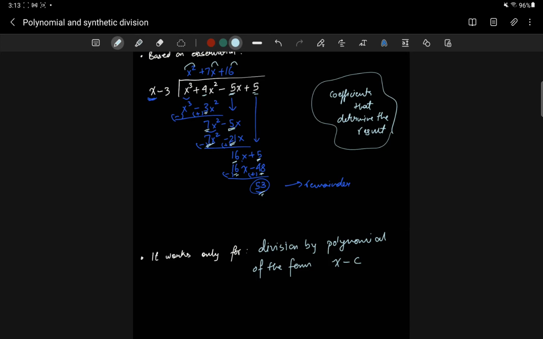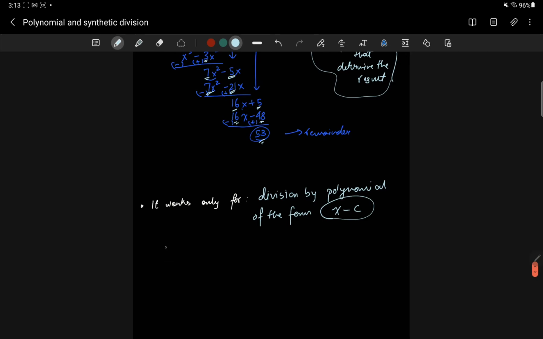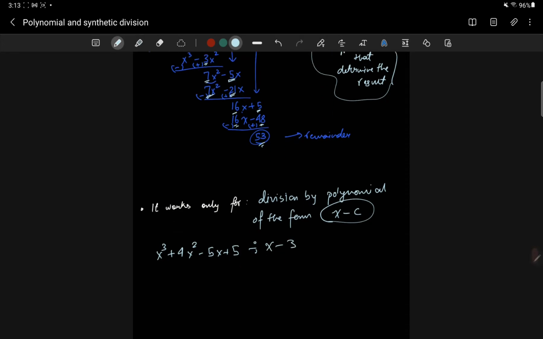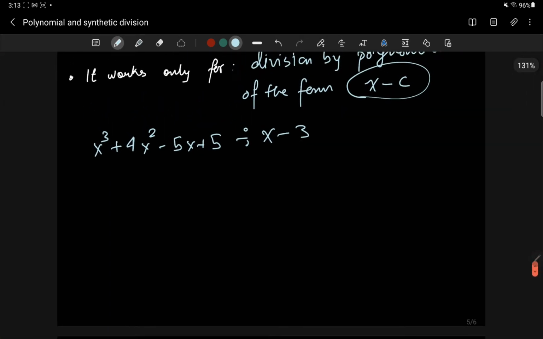And if you are dividing by, say, 2x minus 1, even then it's not directly applicable. You have to work around and do something about it. But in case you're dividing by x minus c, it is straightforward. So let's look at the above example and then do this using the process of synthetic division.